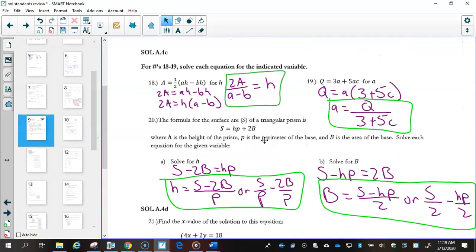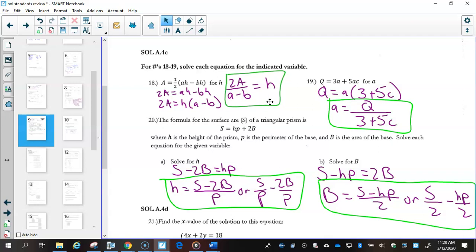All right, let's go over this last section. So I'm going to say the answers, and then if we need to go over how to do it, we'll do that. For number 18, the answer was 2a over a minus b equals h.